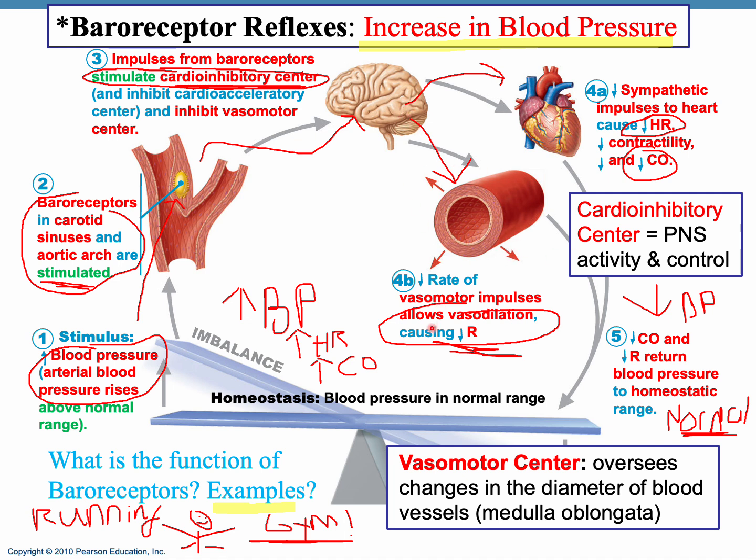In this case, vasodilation occurs, dilating, opening. This can lead to a decrease in resistance. Ultimately, blood pressure declines and gets back to a normal range. And that happens, of course, after you're done exercising. So definitely important to make sure to review this concept.